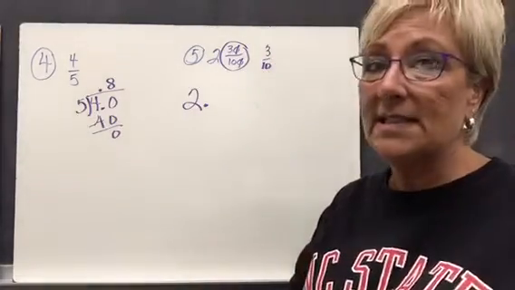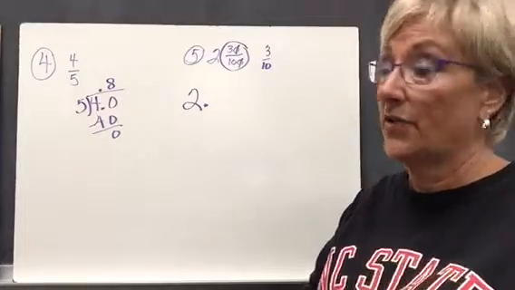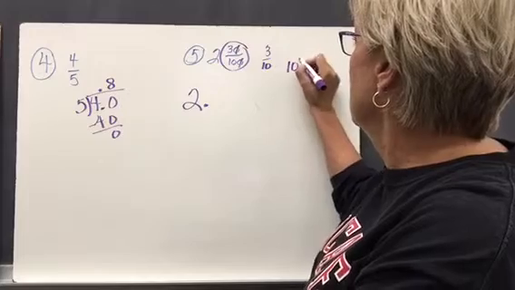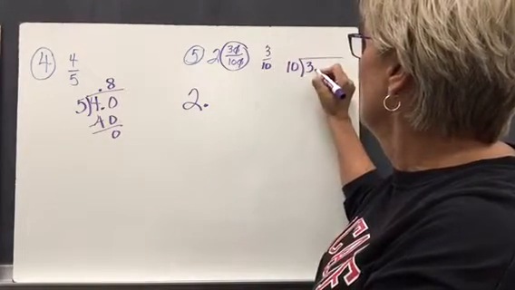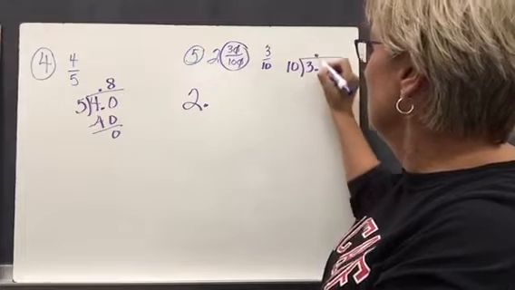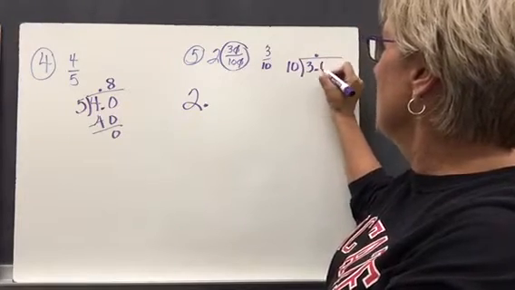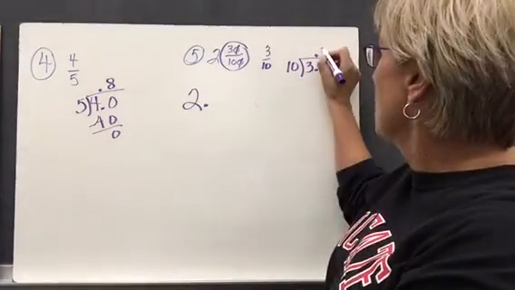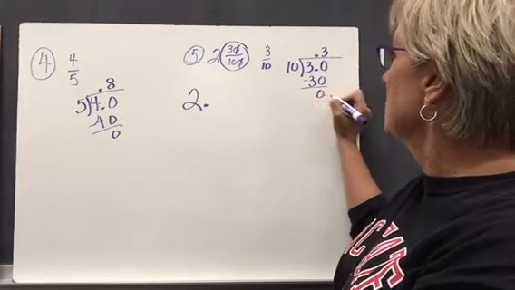It's a lot easier to divide 10 into 3 than it is 100 into 30. So let's go ahead and divide out 10 divided into 3, or 3 divided by 10. Put a decimal in, put it up into my quotient. And I know that 10 will not go into 3, but if I add a 0, I know that 10 goes into 30 3 times, and that's going to give me 30, and 30 minus 30 is 0.